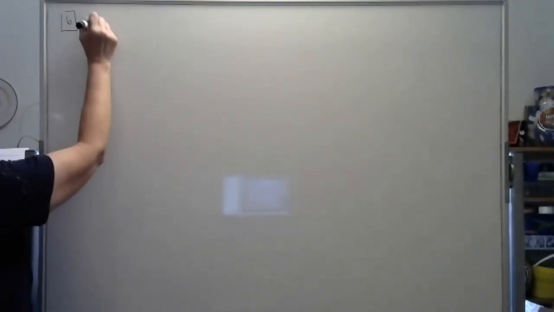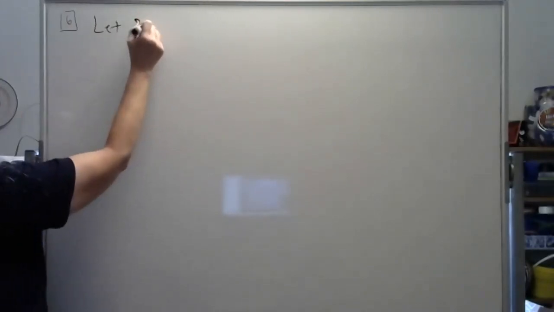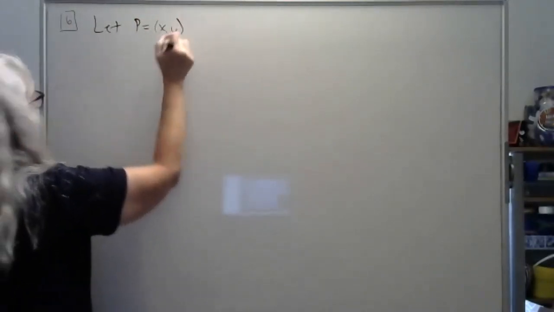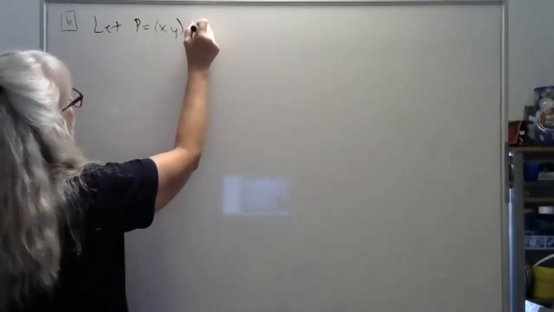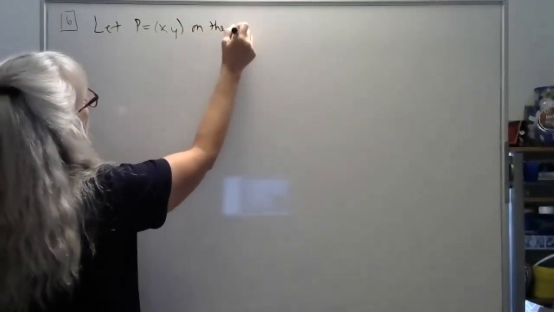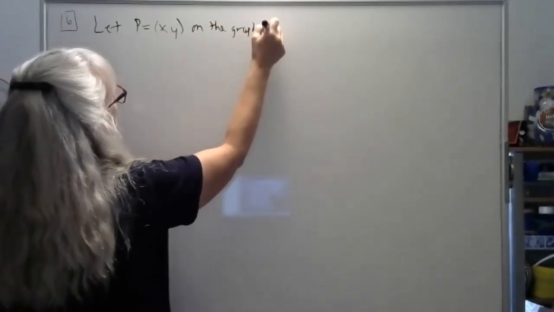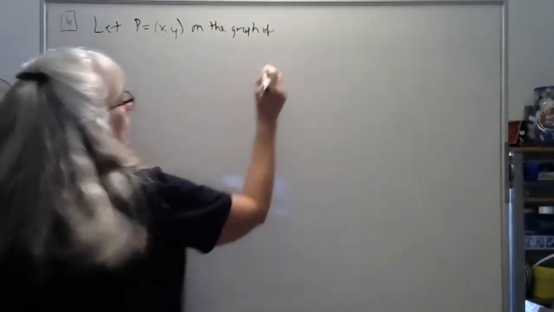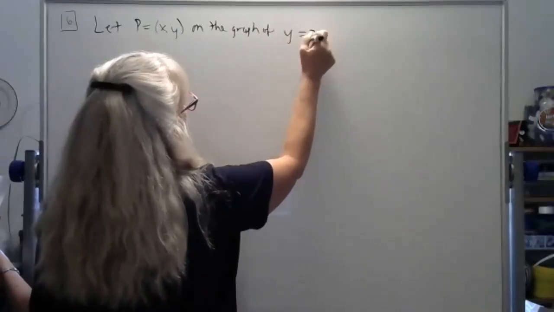We're going to let P be the point x, y, and it's on the graph of y equal x squared minus 1.